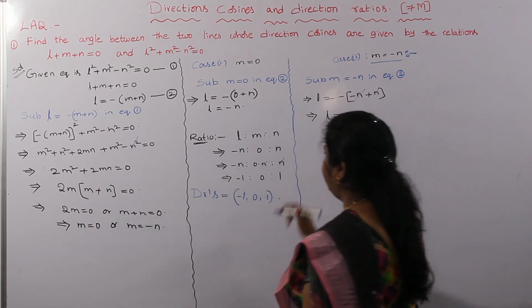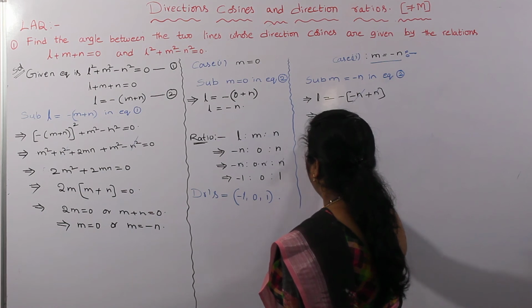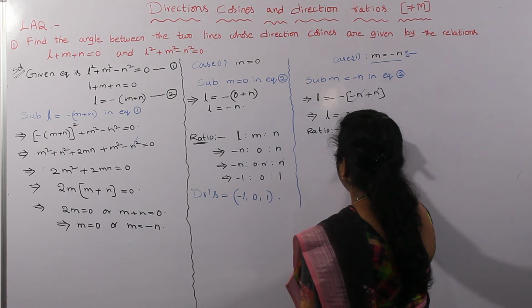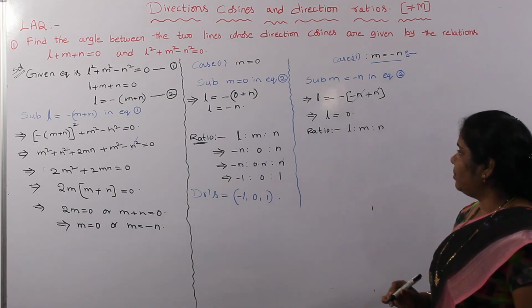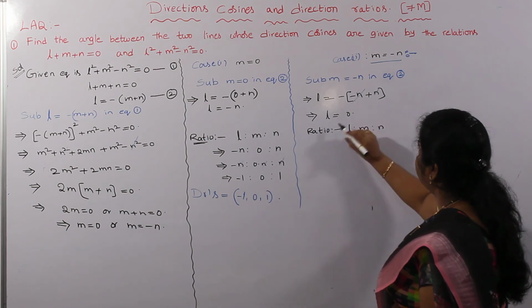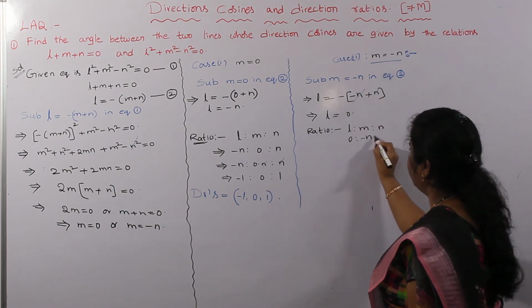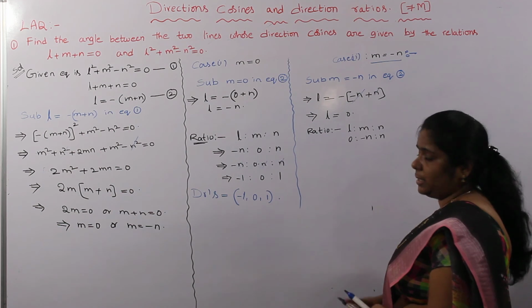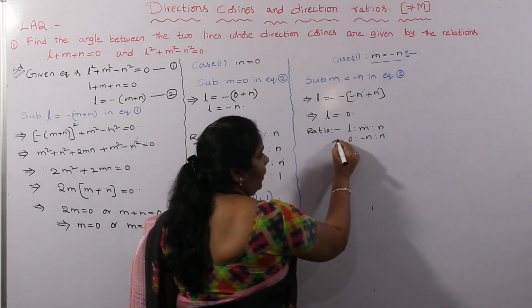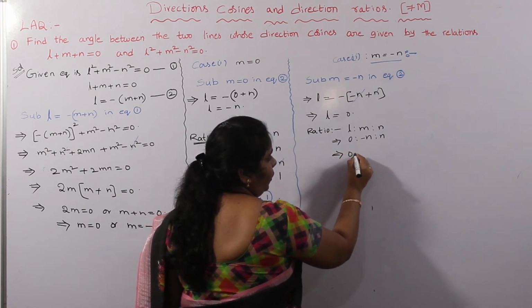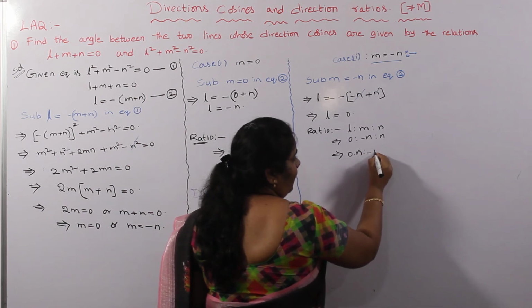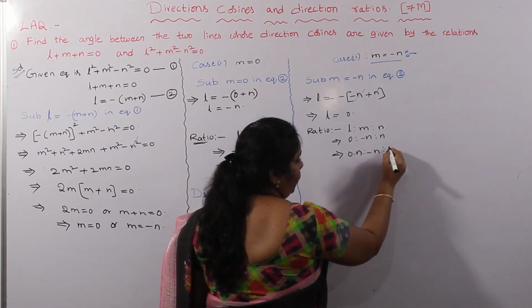Here also we take the ratio, that is L is to m is to n. L is 0, m is equal to minus n, n is taken as it is. Here also 0 can be written as 0 into n, so it is 0 is to minus n is to n.